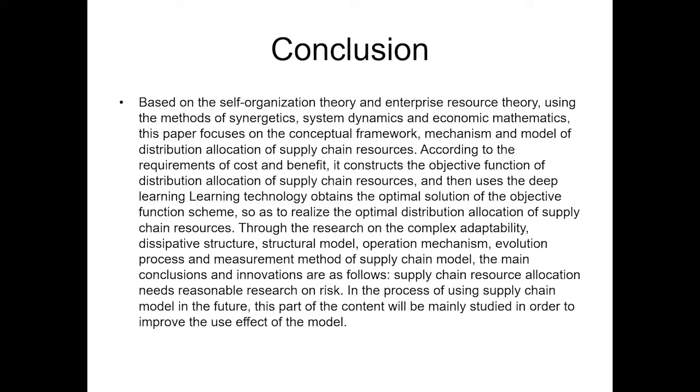Based on the self-organization theory and enterprise resource theory, using the methods of synergetics, system dynamics, and economic mathematics, this paper focuses on the conceptual framework, mechanism, and model of distribution allocation of supply chain resources.